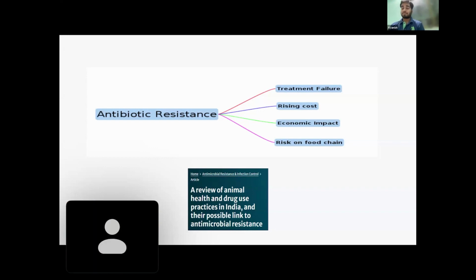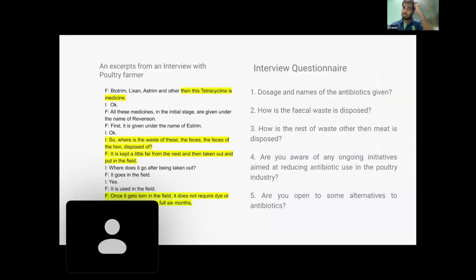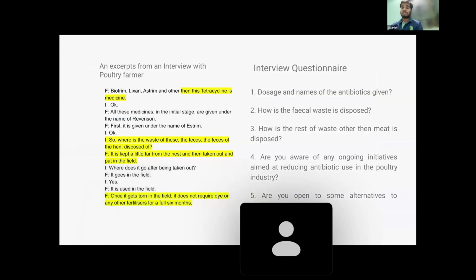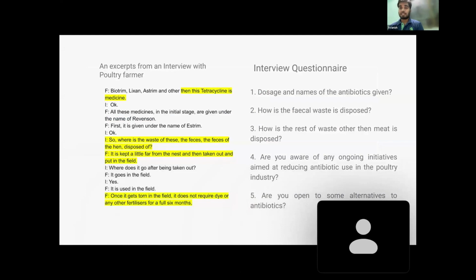For that, we interviewed a poultry farmer with a set of questions, and in the interaction he mentions the antibiotics he uses in the poultry farm. We also inquired about what he does with the fecal disposal.